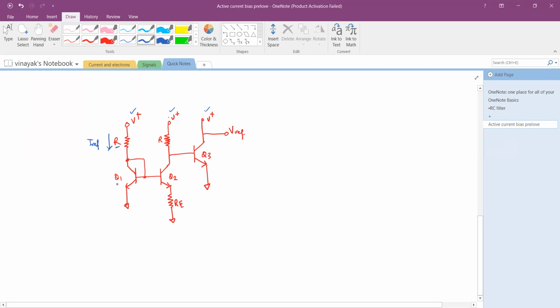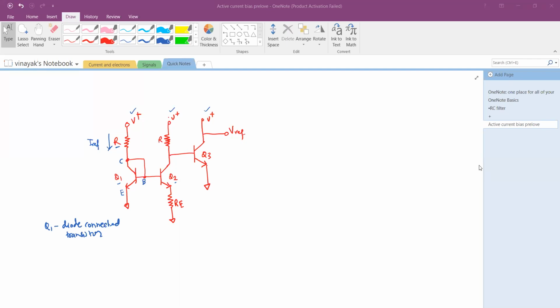Now I have used transistors Q1 and Q2 here. The collector and the base of transistor Q1 are shorted together, making that transistor a diode connected transistor. It is simply a PN junction when I have this kind of arrangement.